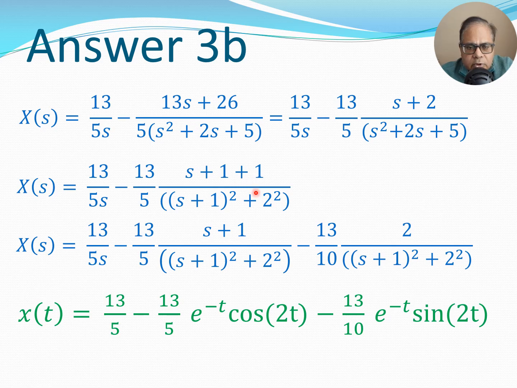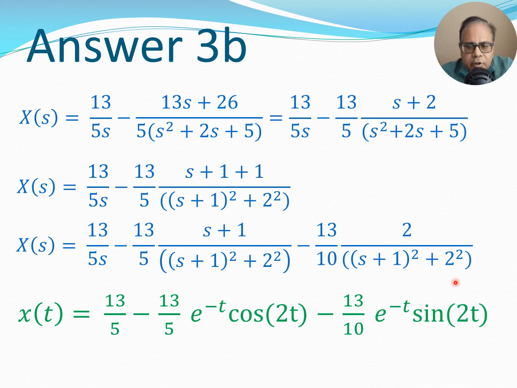This is going to help me split this term into two parts, one of which is going to give me cos and second is going to give me sine. So one term is going to become (s plus 1) by ((s plus 1) squared plus 2 squared). For the second term I put a 2 here and a 10 here. Remember there was a 5 here, so here there is a 5, but here I put a 10. So this is same as 1 by 5.